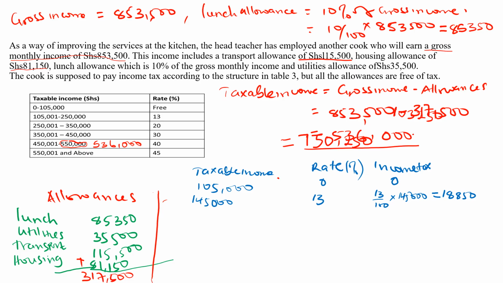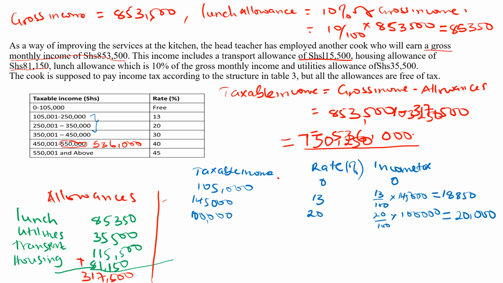Get 350 minus 250, the answer is 100,000. And here the rate now is 20%. So you say 20 out of 100, then times 100,000. And the answer that we are getting will be 20,000.